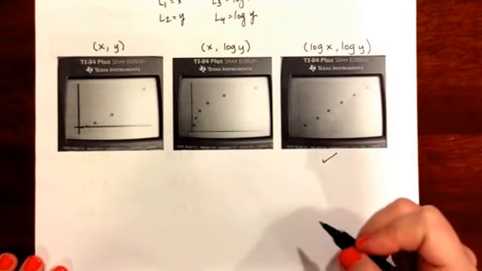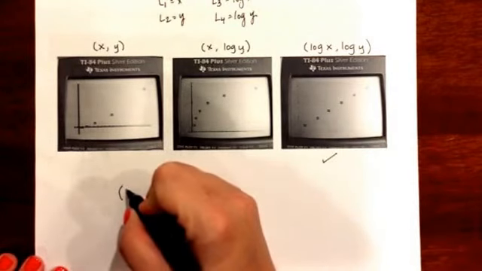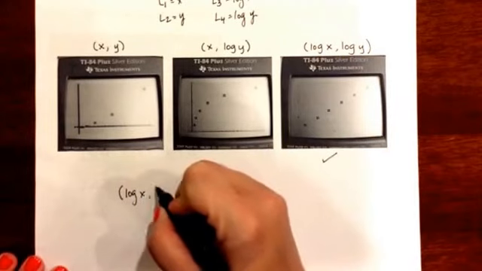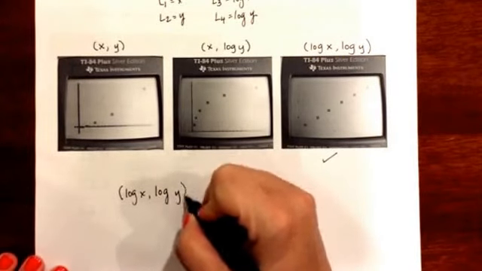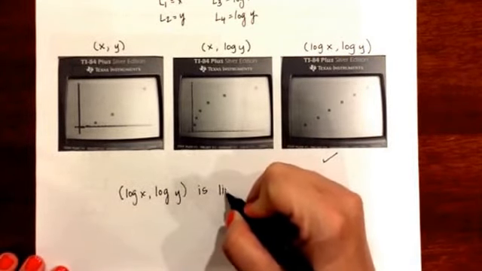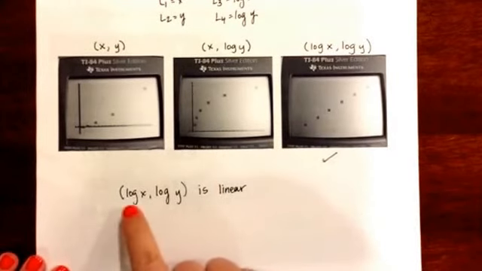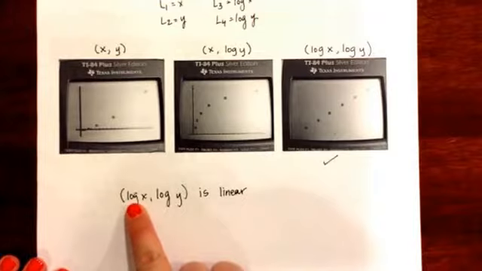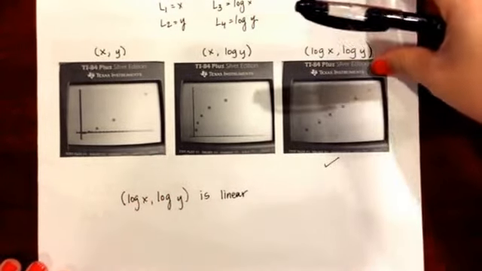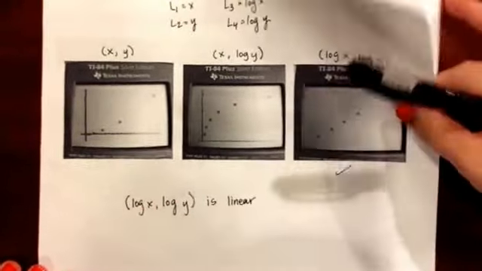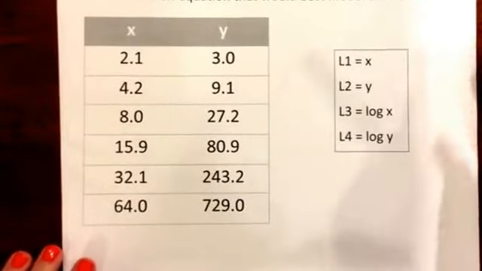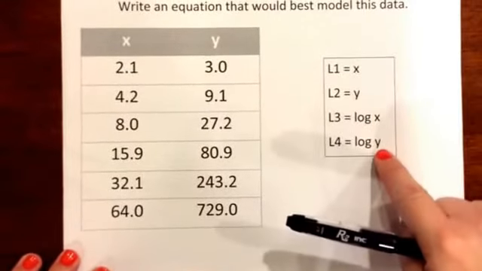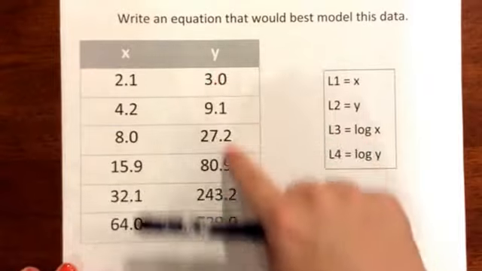So we believe that log x and log y is linear. So I'm going to take those two and I'm going to write a least squares regression line using log x and log y. All right. So this is what we had in our calculator, and this was the original data.